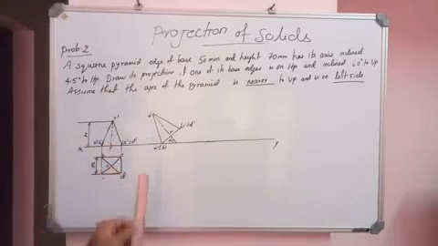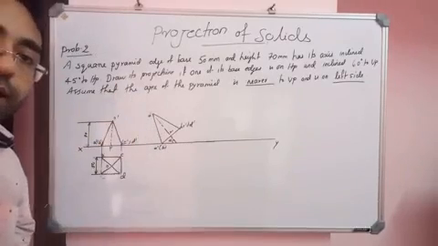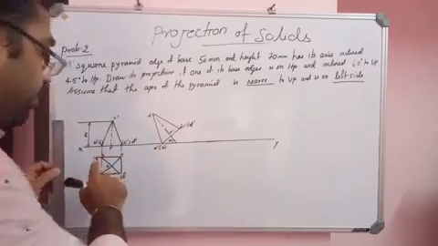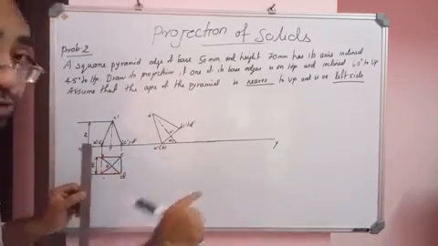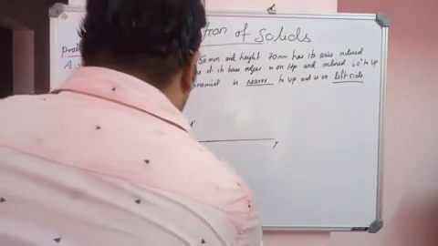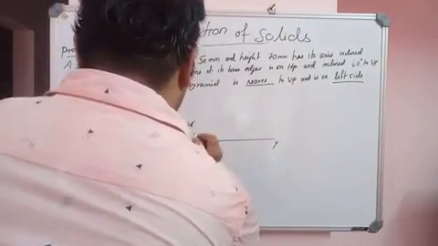Now again we have to draw the top view of this one. For drawing the top view we have to draw the vertical lines downwards and horizontal lines from the HP.